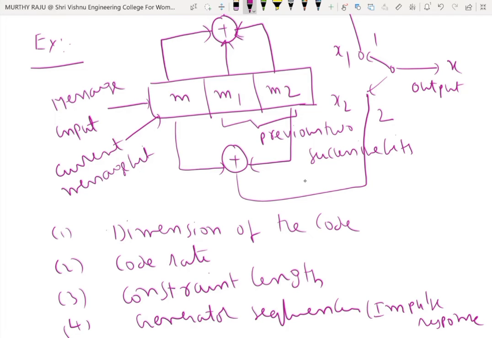This is also called the state of the convolutional encoder. Here X1 and X2 are two outputs, that means n is equal to 2.